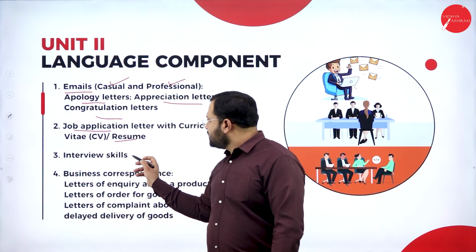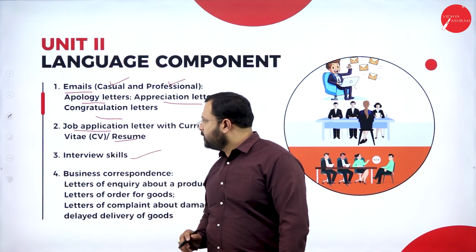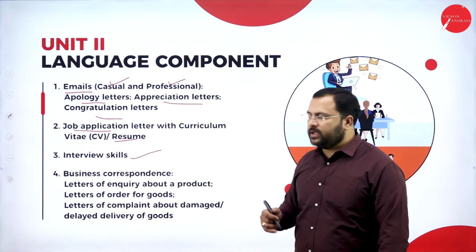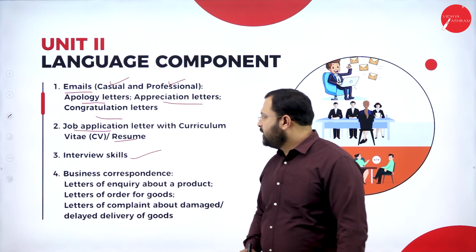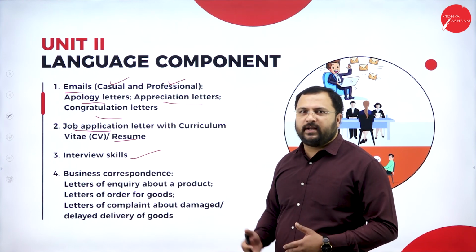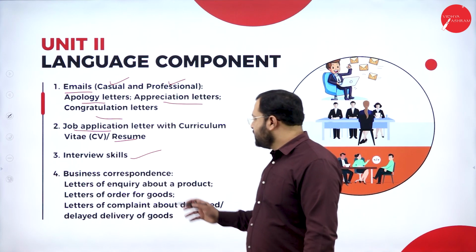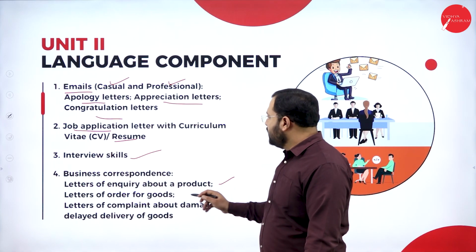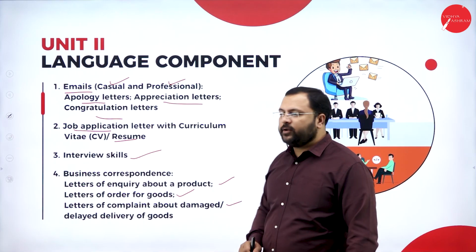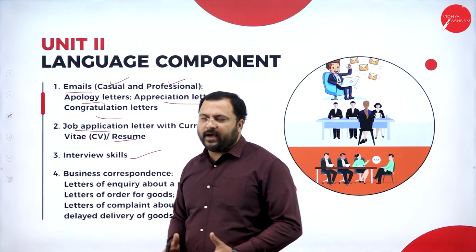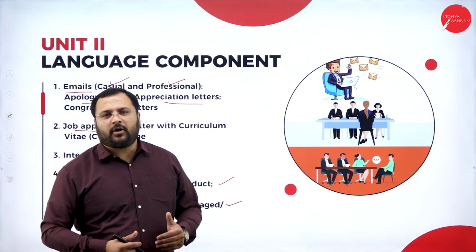And also there is this one which is very important for this current generation, that is interview skills. Then we come to business correspondence, exchange of communication through letters in a business establishment, that is letters of inquiry about a product, letters of order for goods, letter for complaint about damage or delayed delivery of goods. So these are there in the language component section of your syllabus.